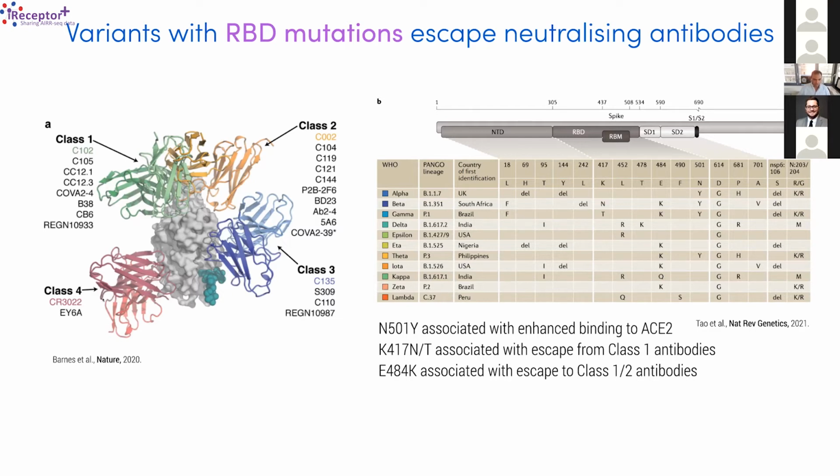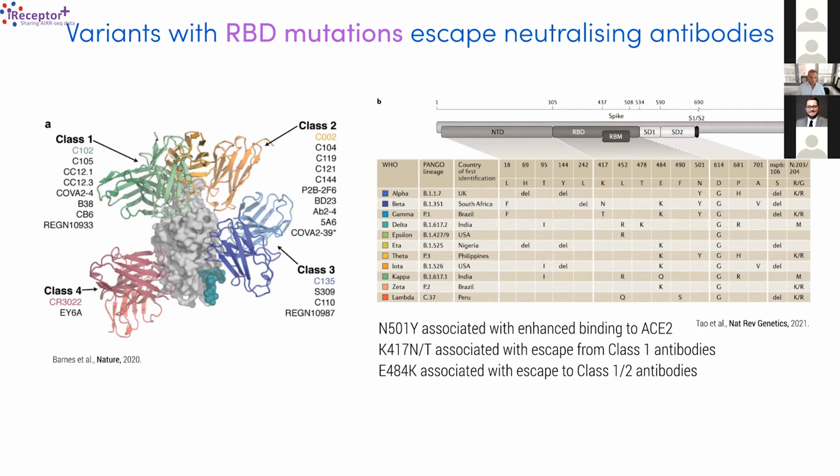Class 3, so basically class 1, 2, and 3 are where you can get some potent neutralization, class 1 and 2 being the strongest. And this is essentially where antibody responses and therapeutic antibodies have been focused. Now, an important thing to consider is that, we're in the repertoire community, so you know the high diversity of antibodies that exist and that the human population is making vastly diverse antibody sequences.